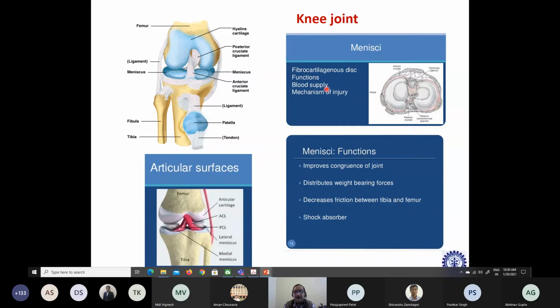The meniscus actually displaces within the joint during different movements, and I will explain to you from the textbook how these things happen, if you refer to the book.